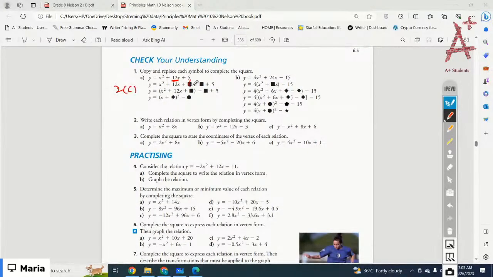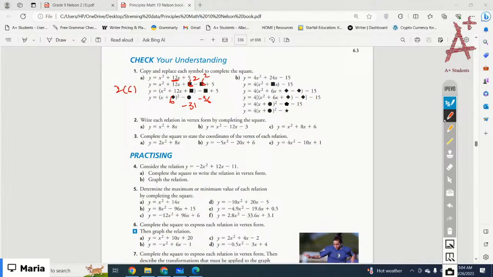So you have to add 6 and subtract 6. So it makes x plus 6 whole square, and you subtract 6 square, so negative 36 plus 5 is negative 31. So it would be x plus 6 whole square minus 31.